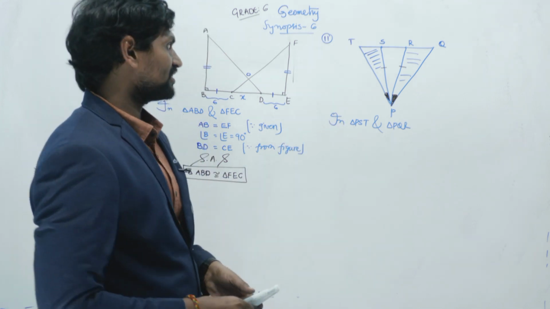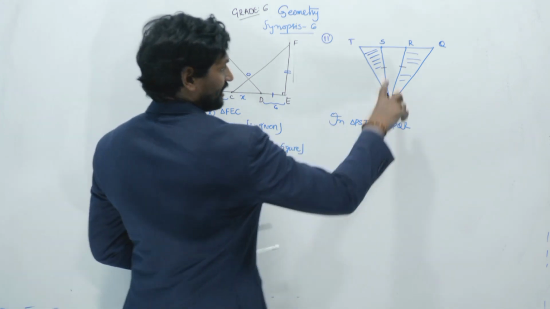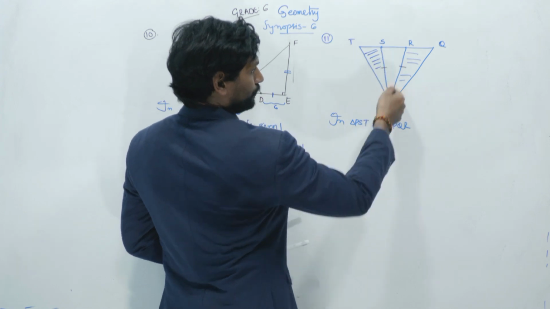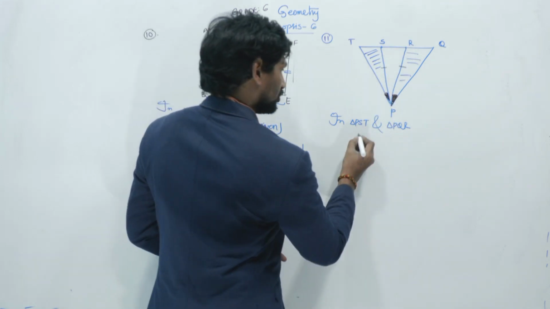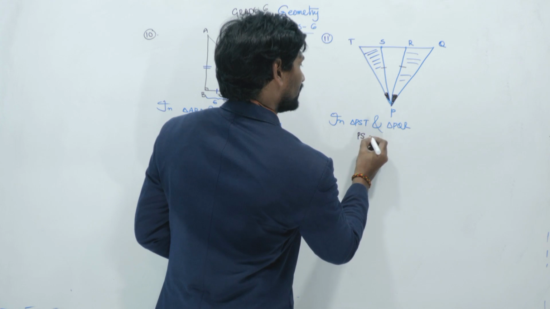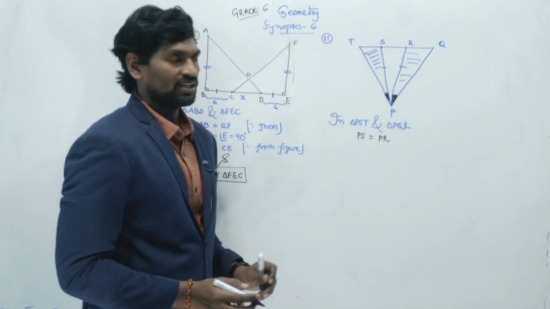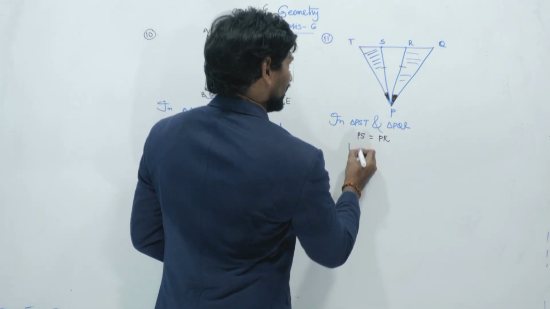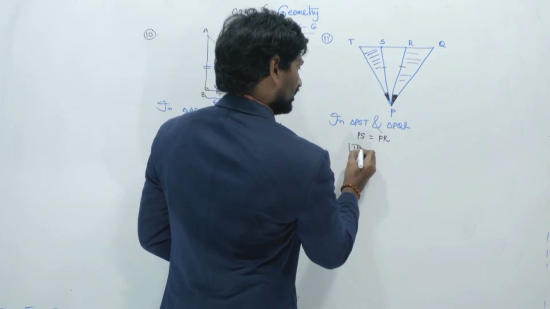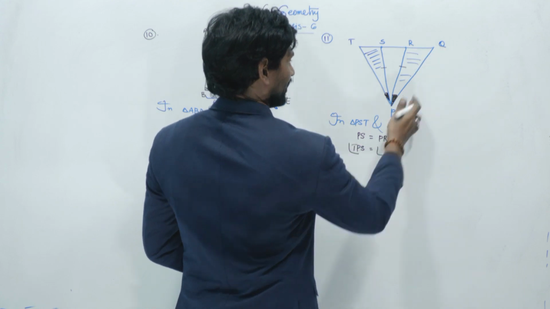Now, in the given figure, we know PS length equals PR length, and angle TPS is equal to angle QPR.